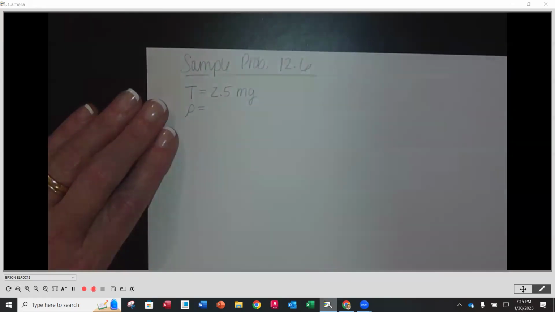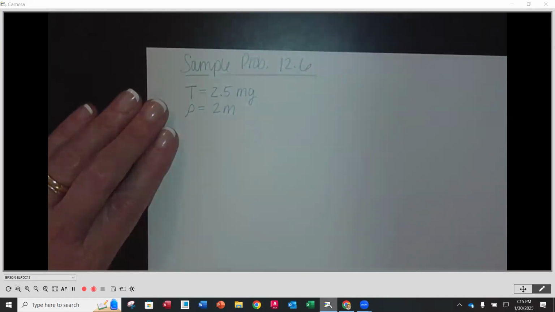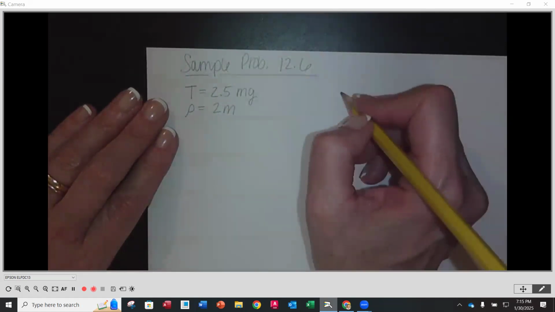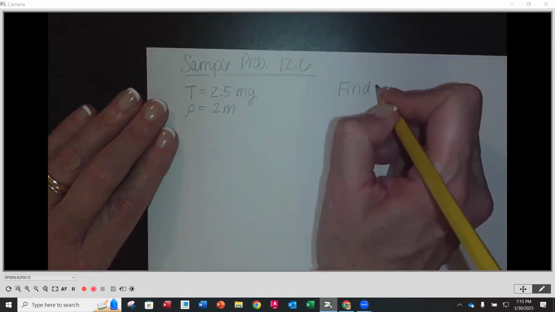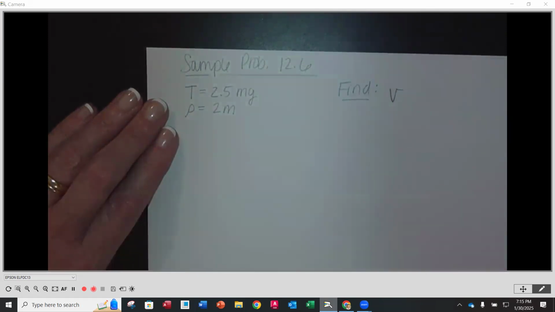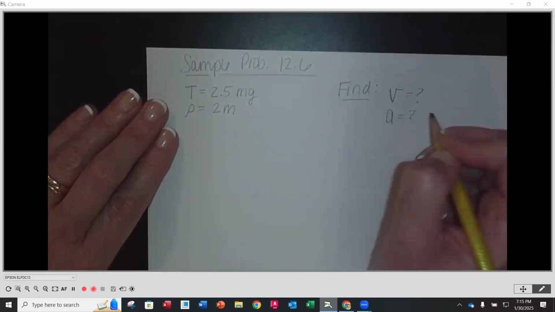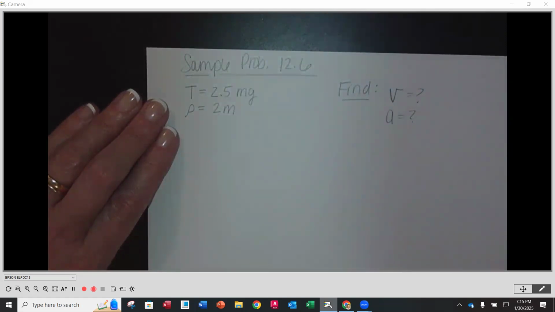We also know that the radius to the center of rotation is 2 meters. We're not given the mass of this; we're going to find that we don't need it. What we want to find is the velocity of that bob, as they're calling it, and the acceleration, the total acceleration.